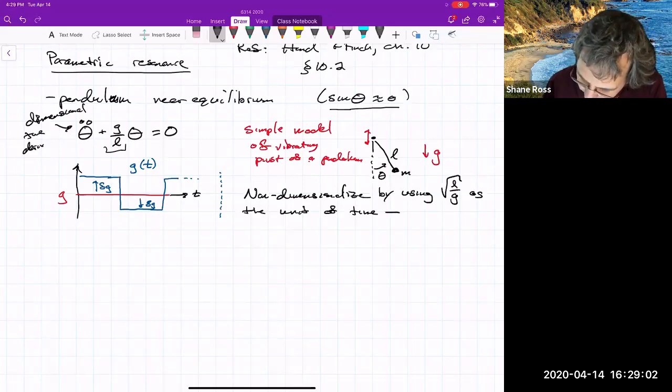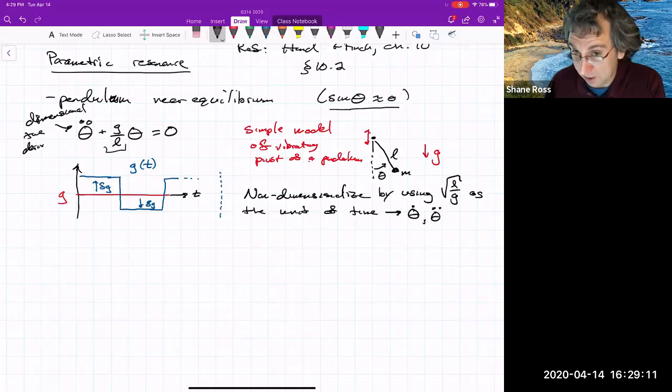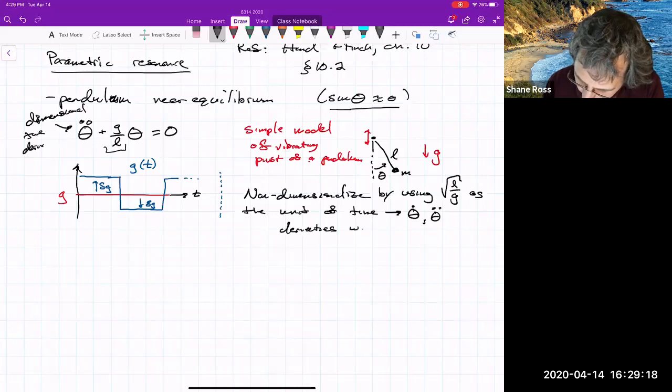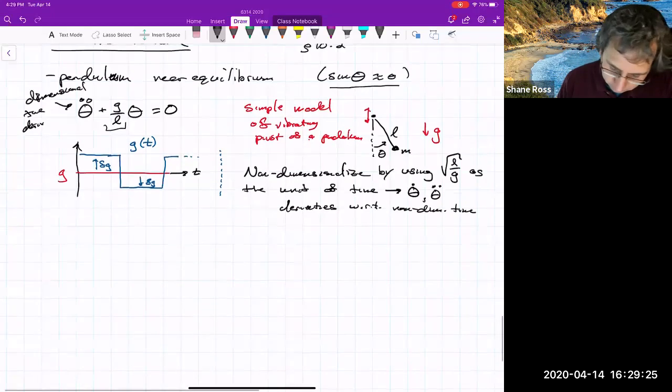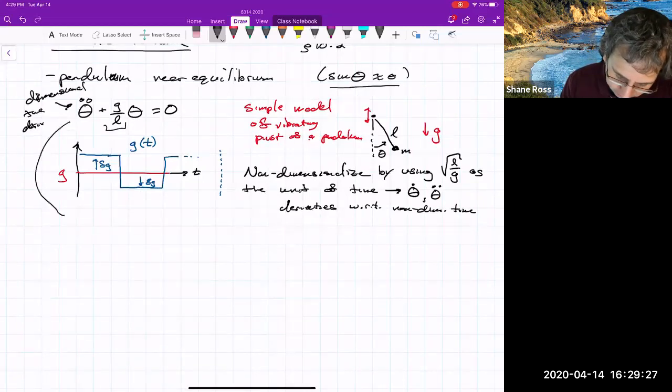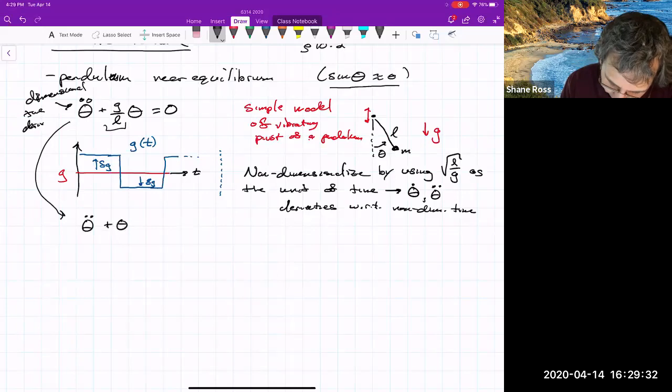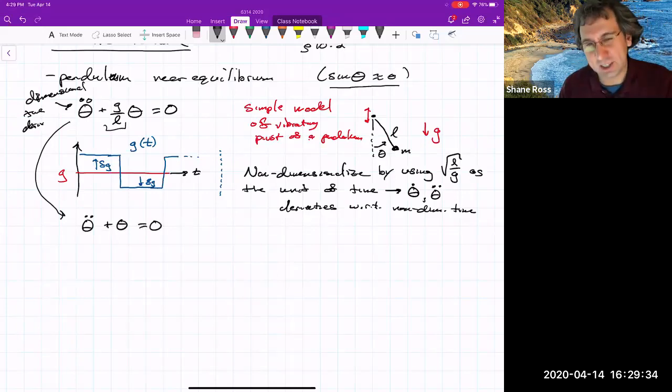Because I want theta dot, theta double dot to be derivatives with respect to the non-dimensional unit of time. So when we do that, this becomes theta double dot plus theta equals 0. Much easier and cleaner to work with.